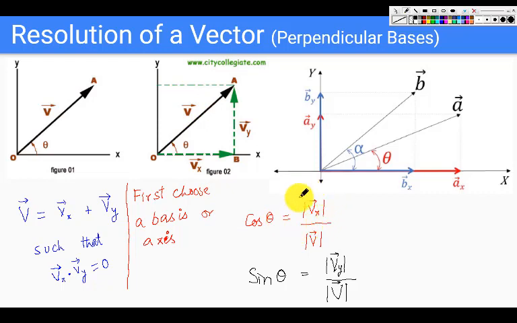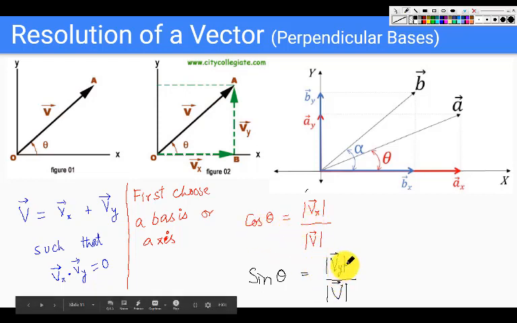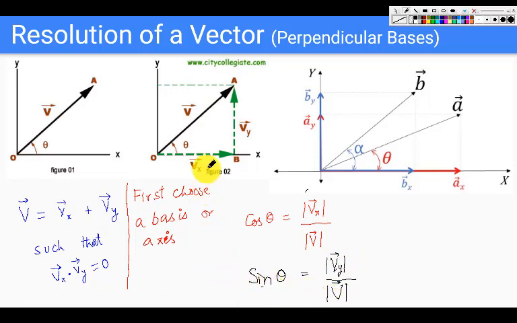The magnitude of Vx is equal to the magnitude of V times cos of theta, and the magnitude of Vy is equal to the magnitude of V times sine of theta. It's pretty straightforward, there is no ambiguity.